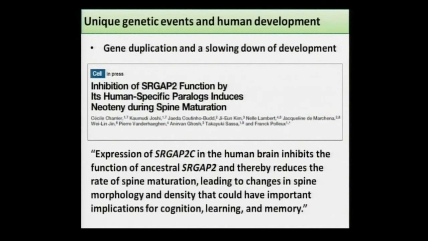And here's a paper that is not even published yet that shows a gene duplication resulting in a slowing down of neural development, which results in the formation of more connections, more complexity in the brain. It's thought to potentially have been important in brain development in humans relative to other primates. So again, this idea that a one-off event, accidental gene duplication, can have these consequences.